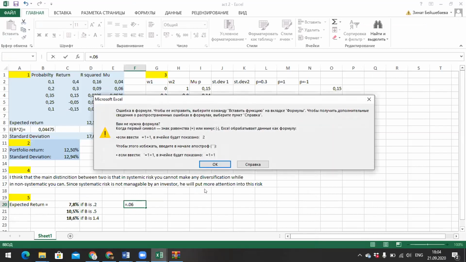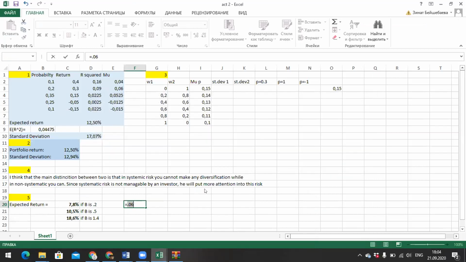Type it in Excel so that everybody can see it. Type it: risk-free, RF, plus beta times, open the bracket, RM, return on market, minus risk-free, RF. Close the bracket. Just delete this equal sign because it will calculate something.